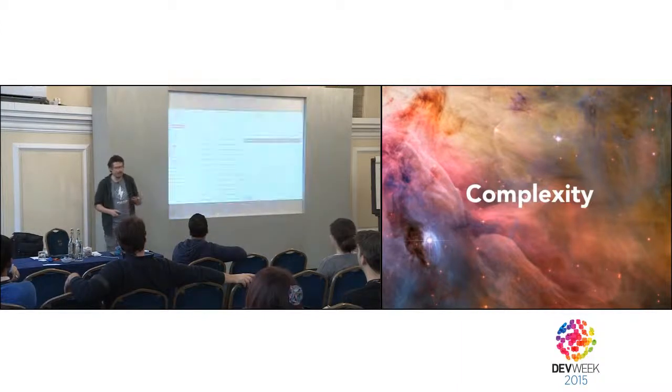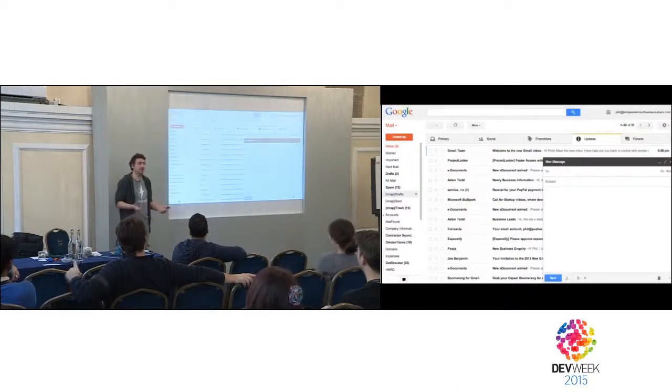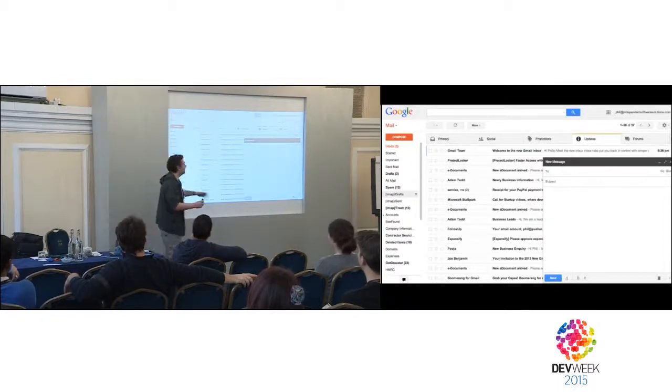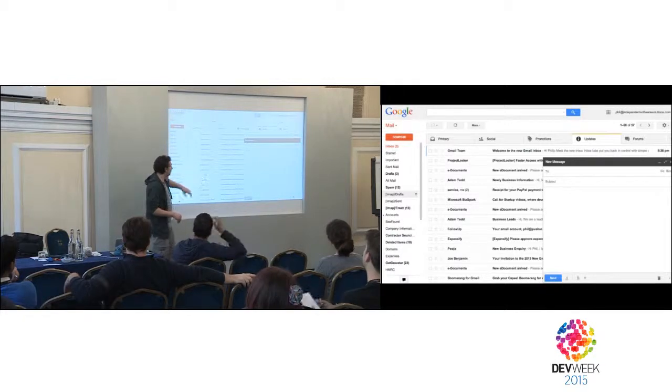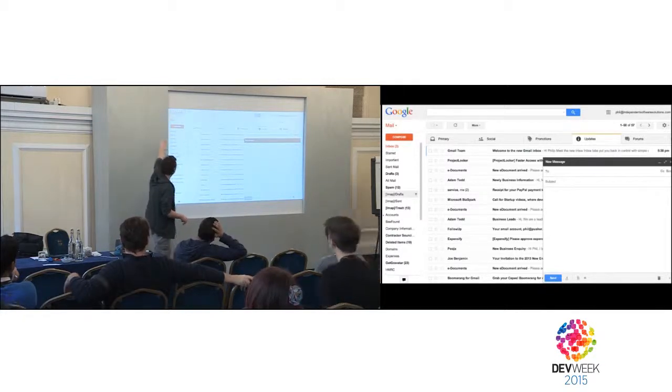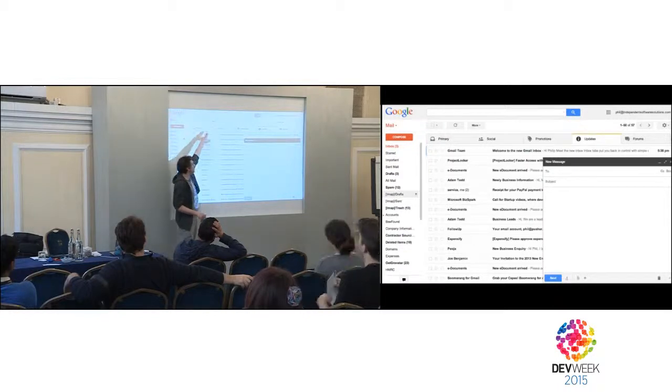So a good reference point, who uses Gmail? Okay, lots of people, or Outlook.com. Anyone use Outlook web? Okay, a few people as well. So those applications are relatively complex single-page applications that let you do loads of things, from search, through paging through your emails, through filtering them by label, in this case, specific filtering that Google have provided.